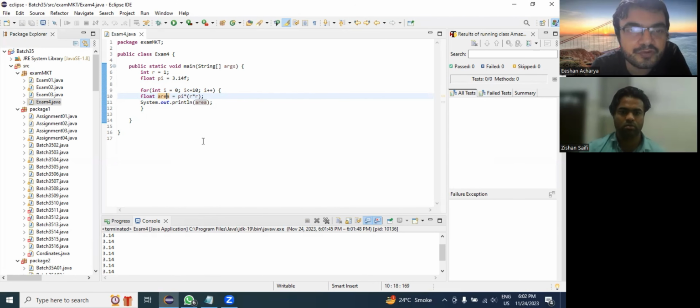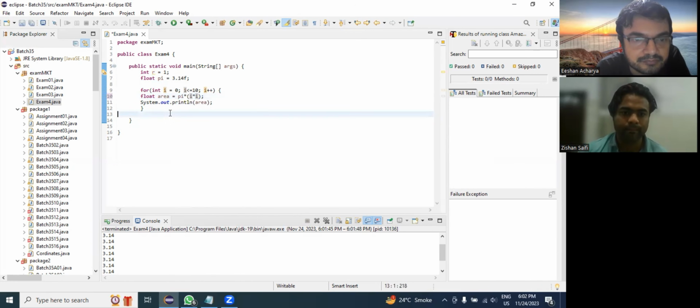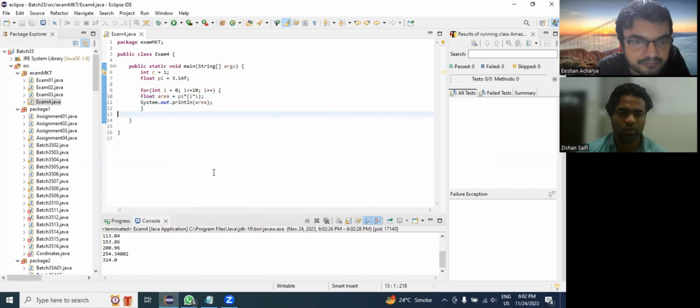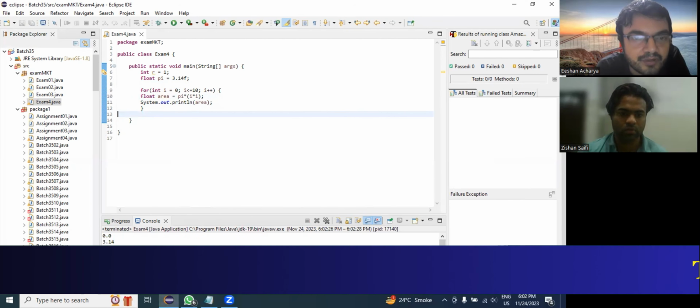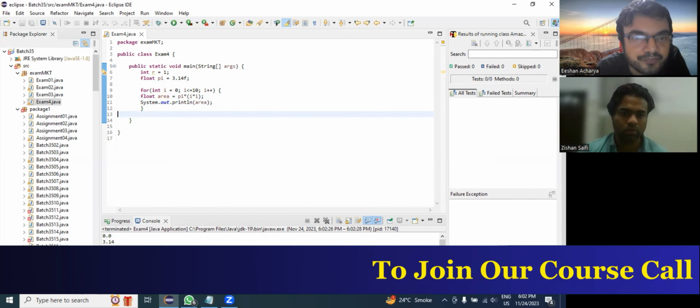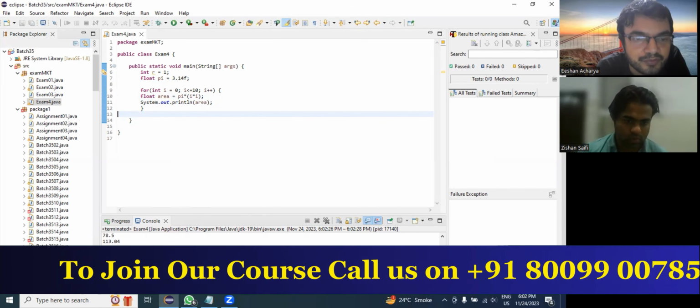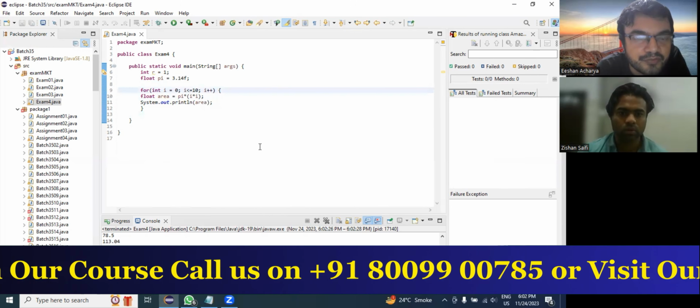Yes, replace r star r with i star i. If you are taking i equal to 0, then i less than 10 will give 10 results, 0 to 9, that is 10.